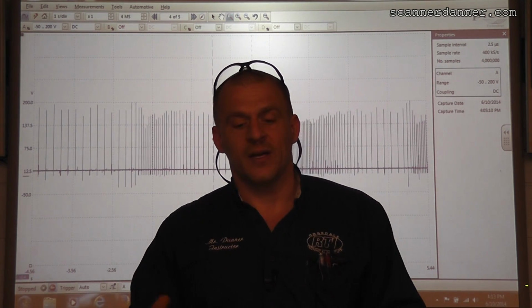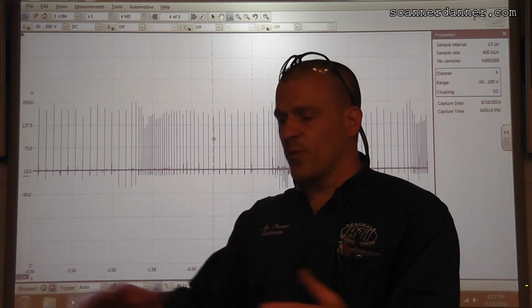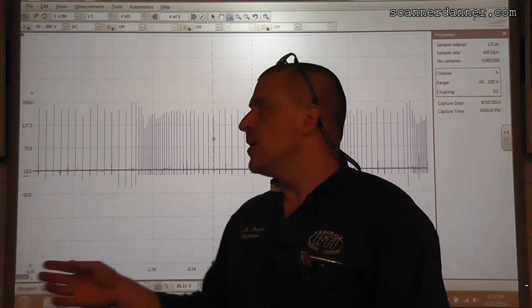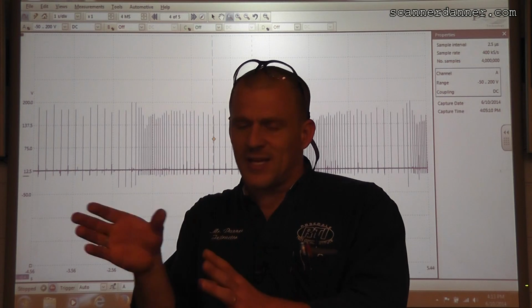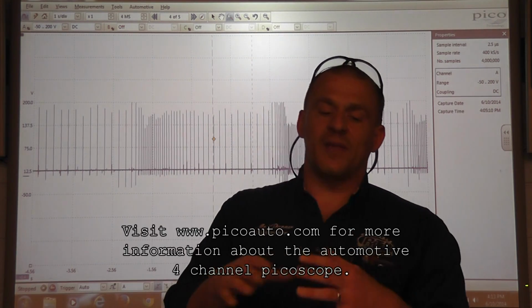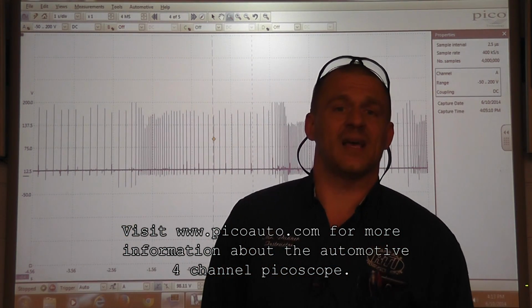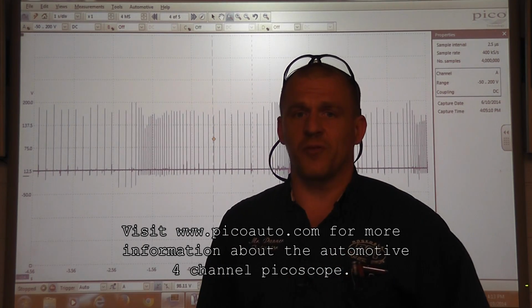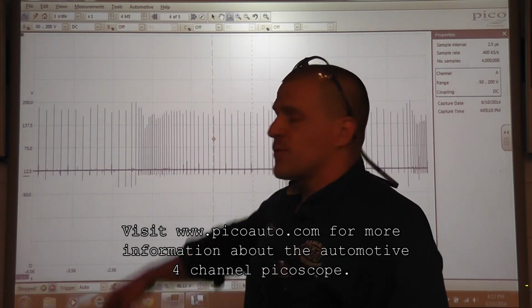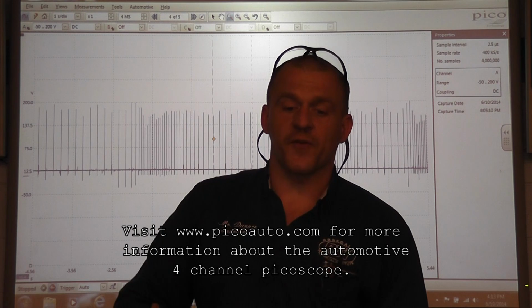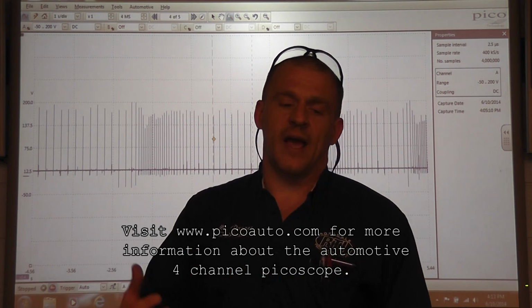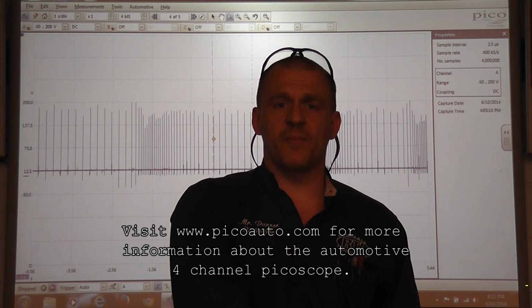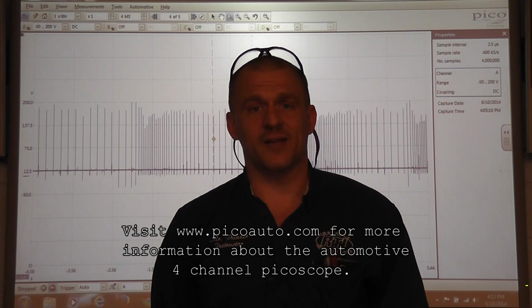The Pico is awesome in that we can take real long time bases and we can zoom in on any section of that time base or that capture and still have great detail. So it's a wonderful feature with the Pico. And I hope that answers questions for you as far as the buffer goes, how to use it, and how to increase your number, and then also what eats up the buffer.